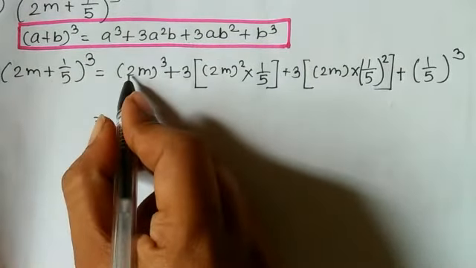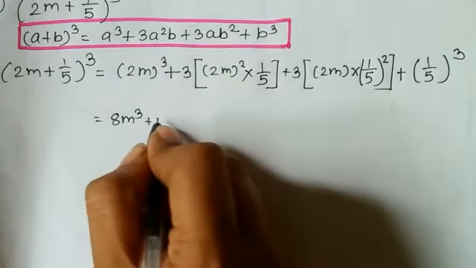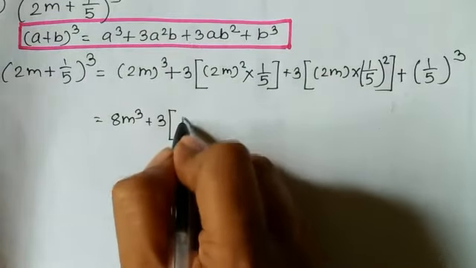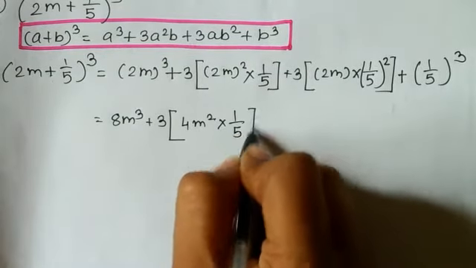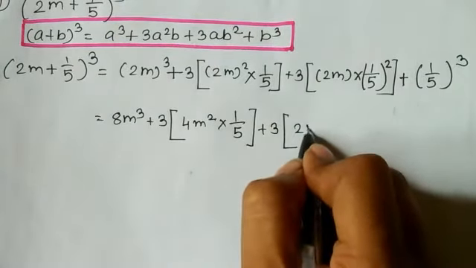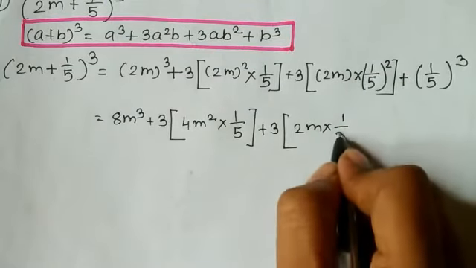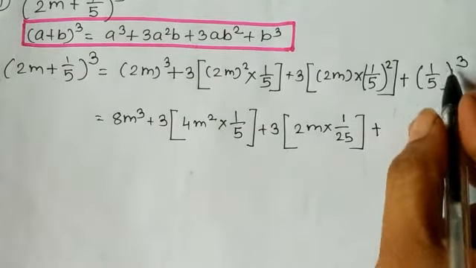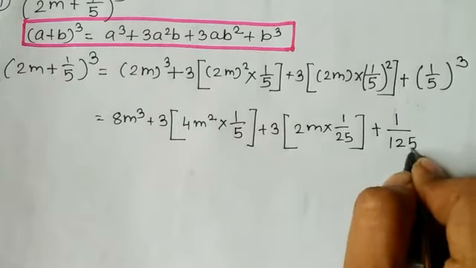2m's cube, it means cube of 2 is 8, m's cube, plus 3 into bracket 2m square, square of 2 is 4, m square multiply with 1 upon 5, bracket complete, plus 3 into bracket 2m will be as it is, square of 1 will be 1 and square of 5 will be 25, bracket complete, plus the cube of 1 is 1 and cube of 5 is 125.